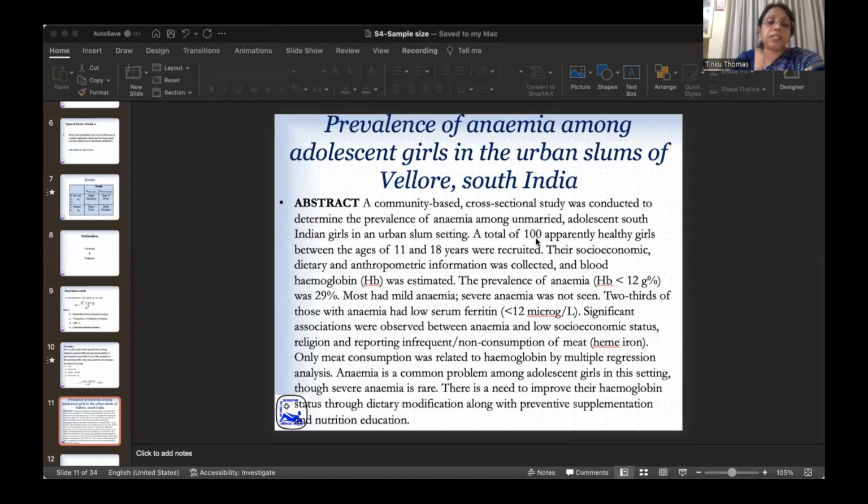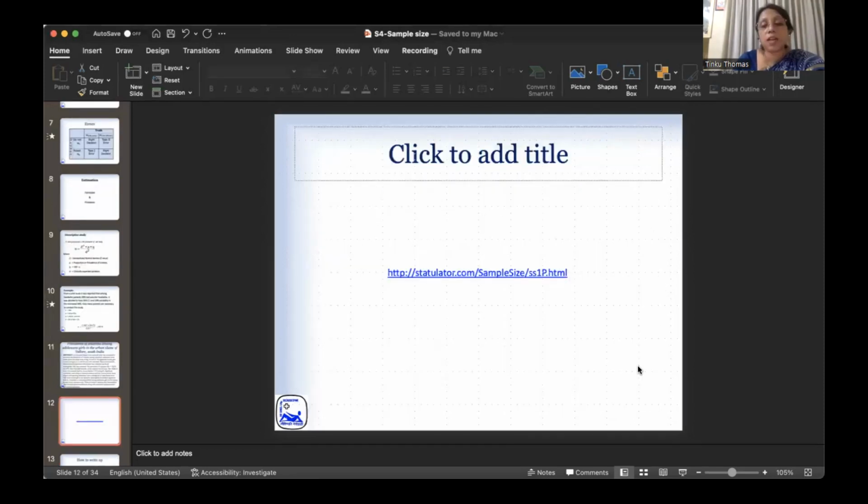That is 10% of 29%. So I calculate, and I get a sample size of 941. So I have to study at least 941 subjects to estimate the prevalence of anemia to be 29% with 10% relative precision. So that is the calculation. I hope you did not have any trouble using Statulator.